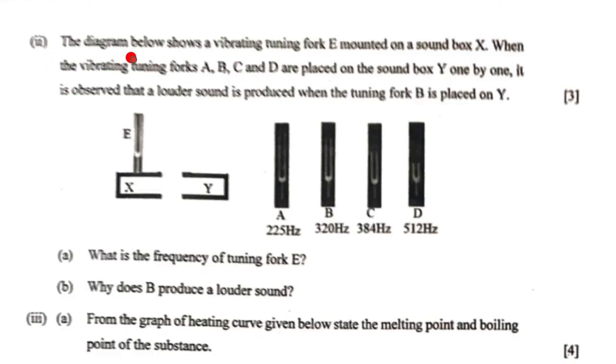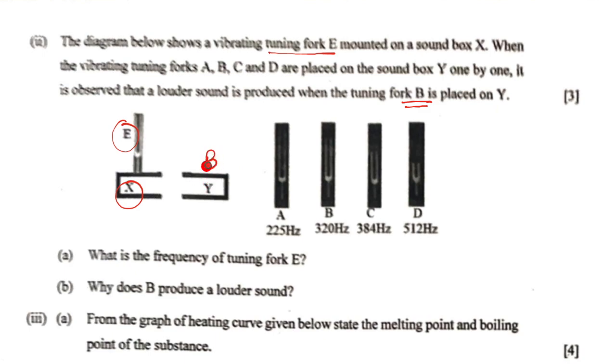Question 5, second part. The diagram below shows the vibrating tuning fork E. It is mounted on a sound box X. When the vibrating tuning forks A, B, C, D are placed on the sound box Y one by one, it is observed that the loud sound is produced when the tuning fork B is placed on this.